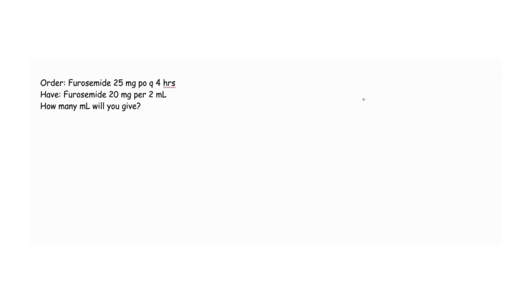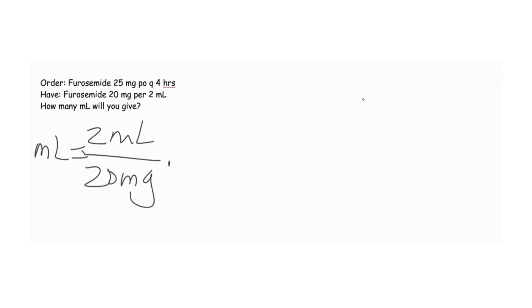So this one is asking us how many milliliters again. So we are going to start with milliliters here. We're going to put our 2 milliliters because that's what we have on hand, and it's 20 milligrams. We know we're going to cancel out milligrams, so we're going to put our 25 milligrams in the numerator.